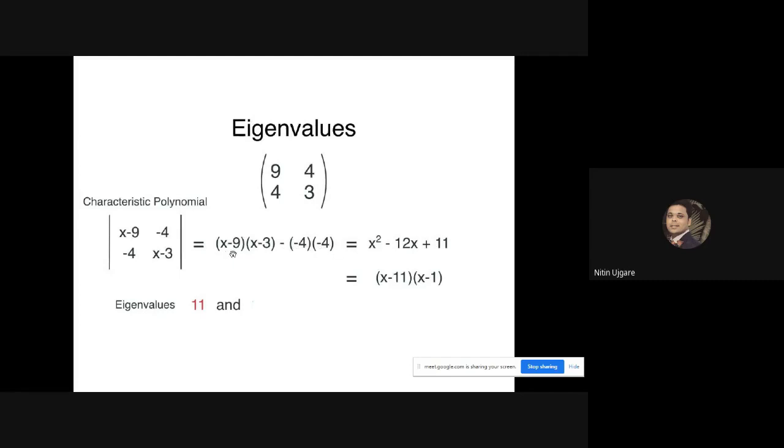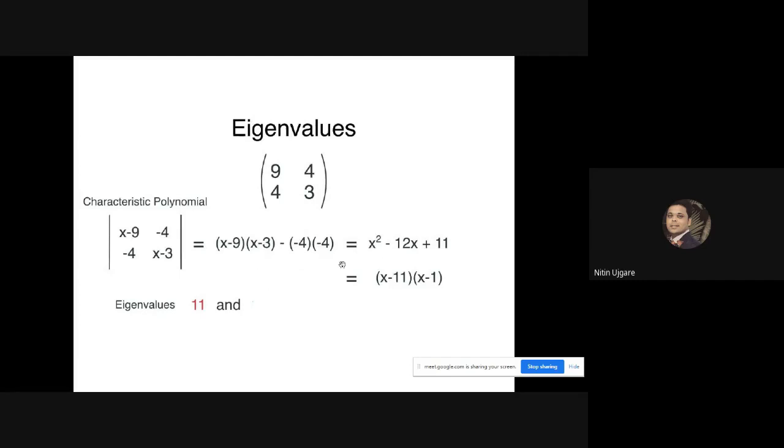If you compute this, x square minus 3x minus 9x plus 27, since 9 into 3 is 27. So x square minus 12x plus 27 minus, minus 4 into minus 4, which is 16.